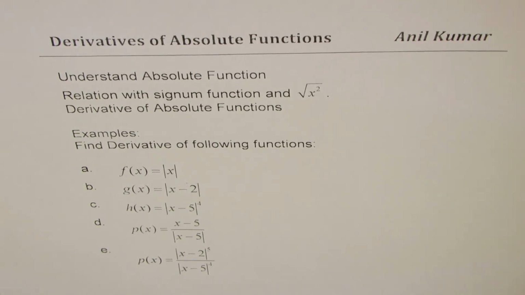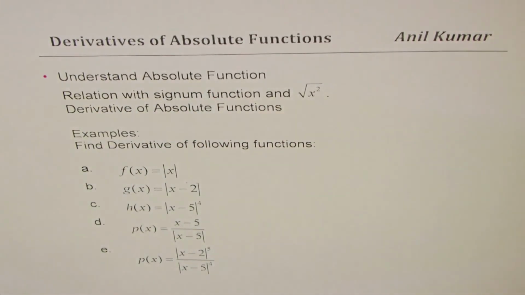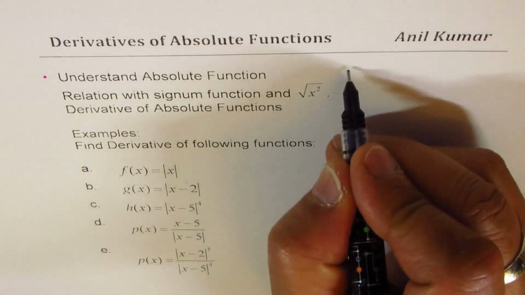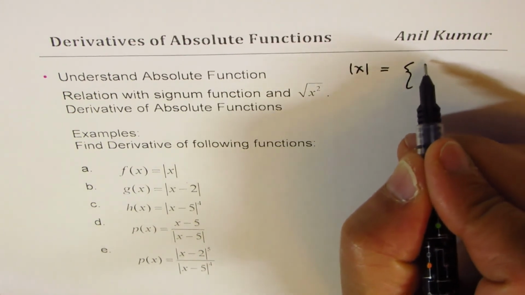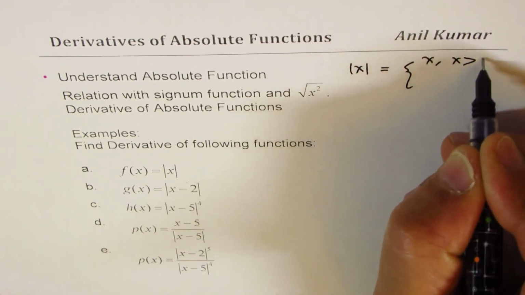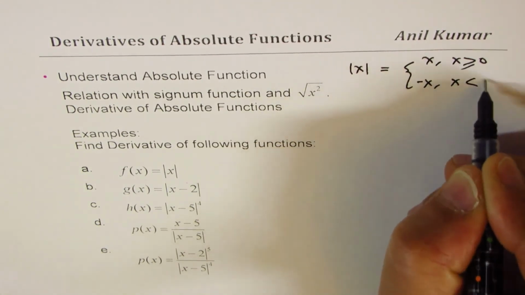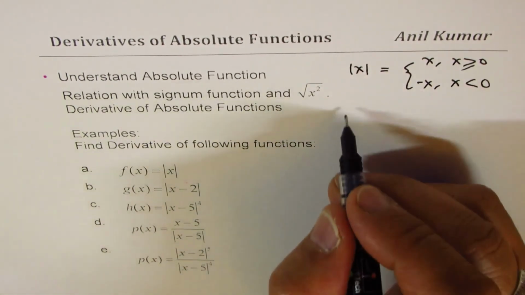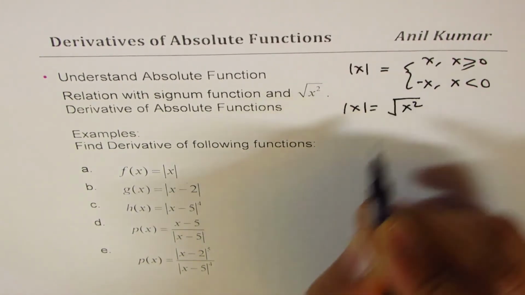So what we really understood in this video is the absolute function, which, let me summarize, can be written as a piecewise function, right? So x when x is greater than or equal to 0, minus x when x is less than 0. We also know that the absolute value of x is indeed equal to the square root of x squared.